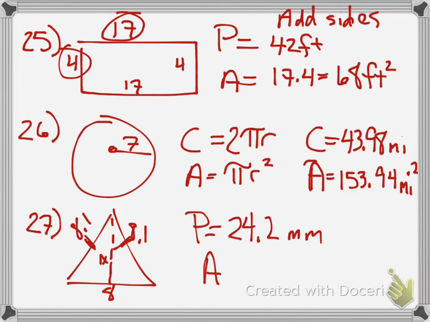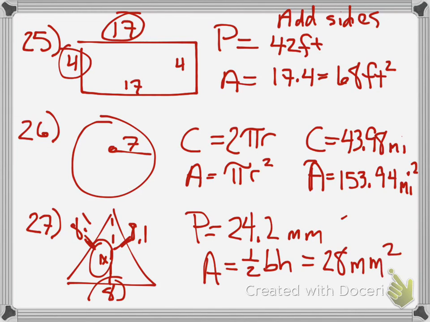Then for your area, focus on the base and the height. Your area is equal to 8 times 7. Remember, area is 1/2 base times height. That means multiply the base and the height, and then divide by 2. So 8 times 7 divided by 2 should give you an answer of 28 millimeters squared.